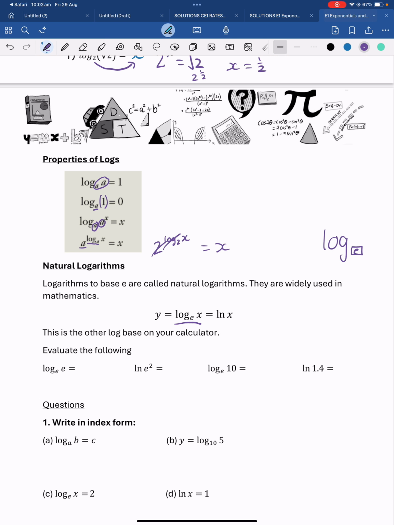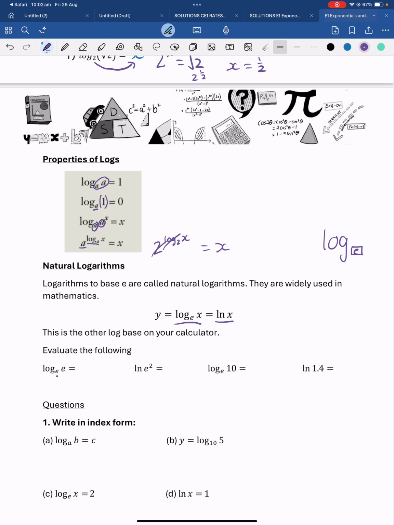We always try and find a nice, quicker way to write things. It's more commonly seen as ln x. So whenever you see ln x, know that's the log with a base e. And if you've got your calculator in front of you, there is a log button, but there's also an ln button. So let's have a look at these.